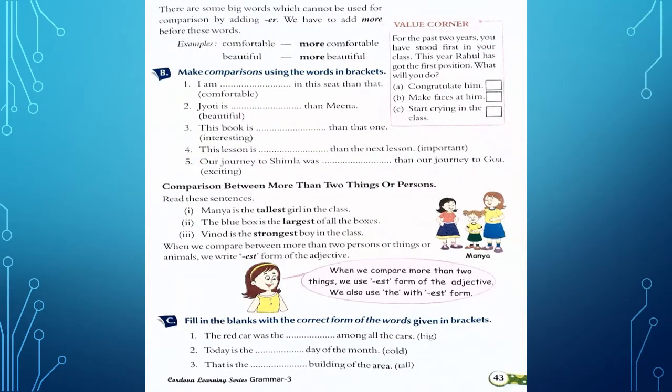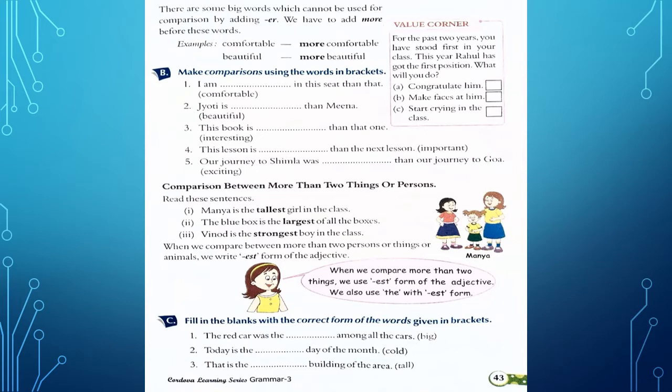Students, there are some big words which cannot be used for comparison by adding er. We have to add more before these words, like comfortable, more comfortable, beautiful, more beautiful, interesting, more interesting, important, more important, and so many more words.